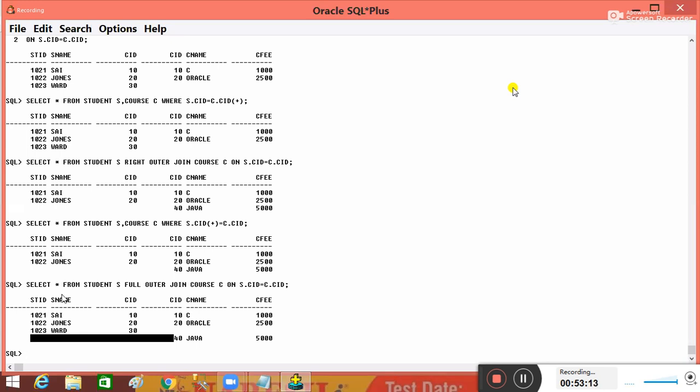Now tell me guys, how to write non-ANSI for outer joins? Any logic? Come on guys, just think logically and tell me. Anybody, how to write non-ANSI?